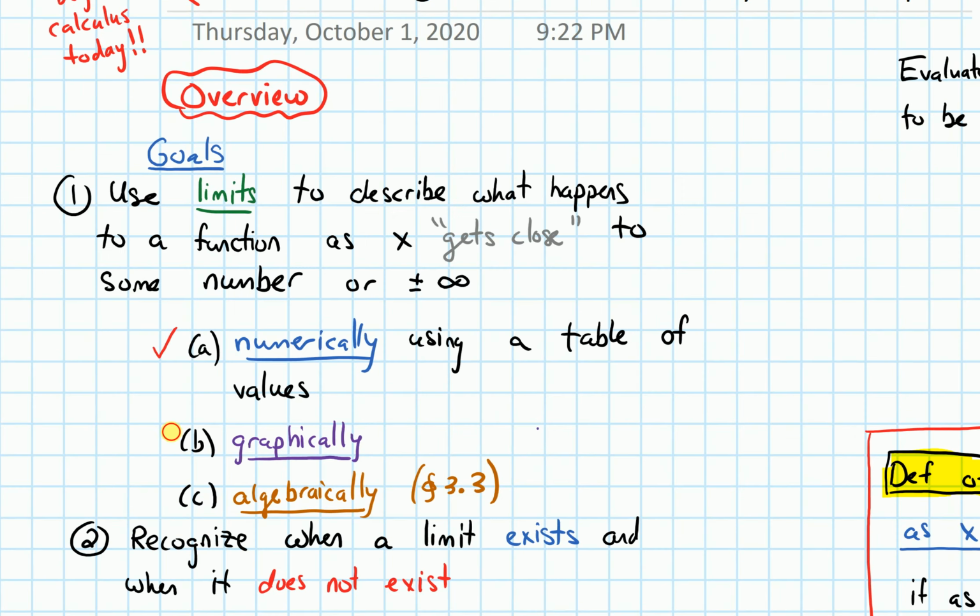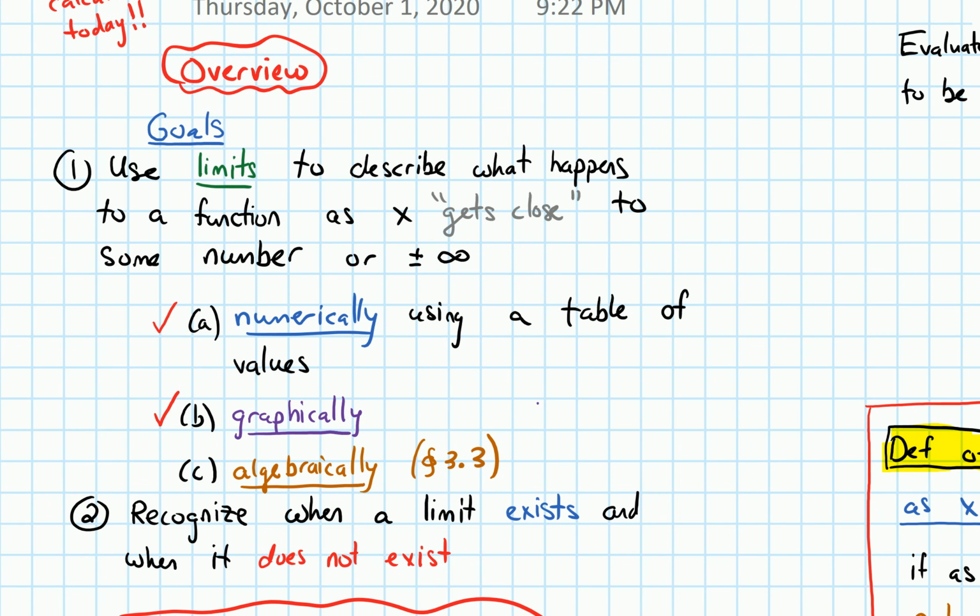So in terms of our goals, we've now discussed how we can evaluate limits graphically. Like I mentioned in our overview video, we'll talk about another way to evaluate limits more precisely, and that is algebraically, but that will be in section 3.3. In the next video, we will actually be beginning section 3.2, and over the course of these last few videos, we've actually done learning goal 2 as well.